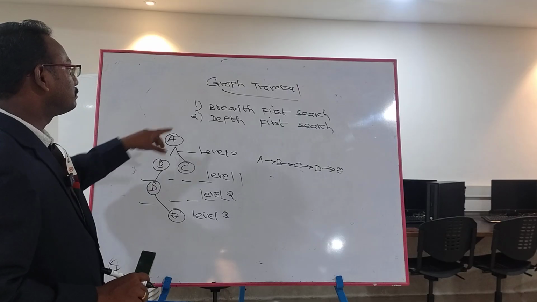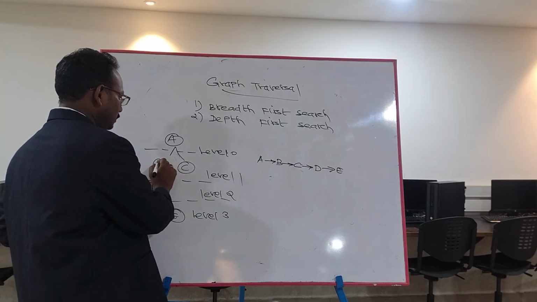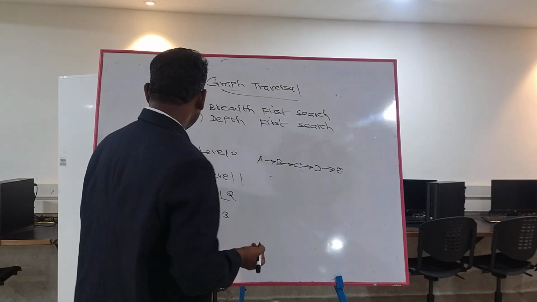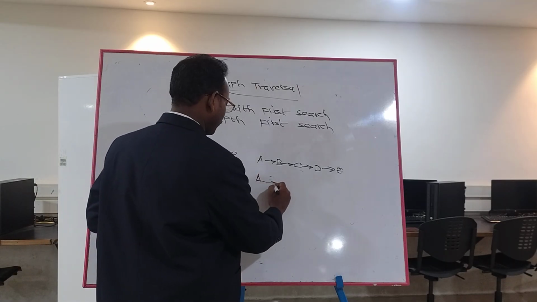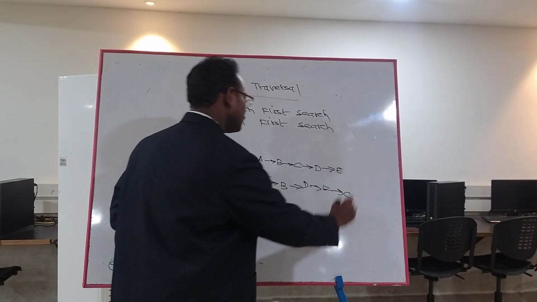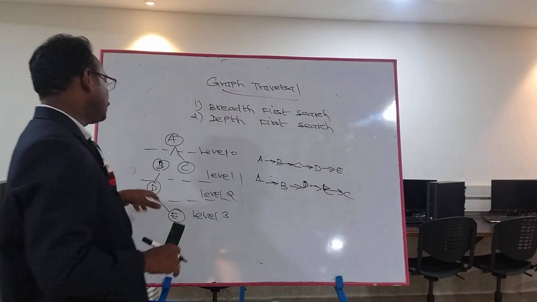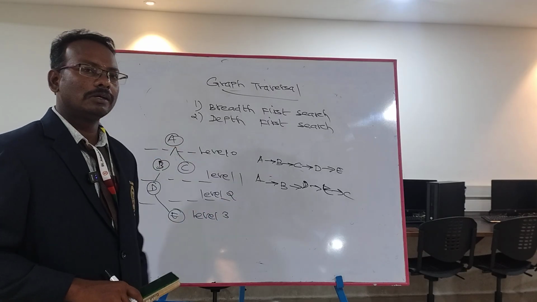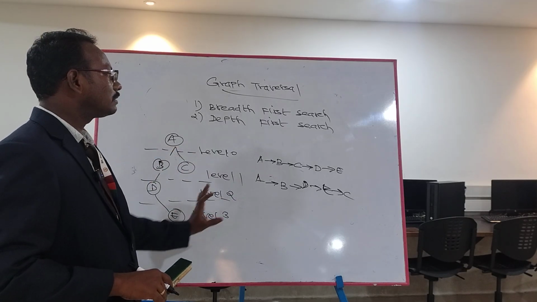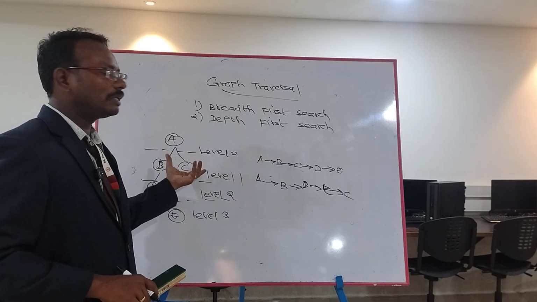In depth first search, it is based on the depth level. It will visit the nodes in the order of A, E, D, E, and then C. Like this only, depth first search works, and it visits the nodes based on this.